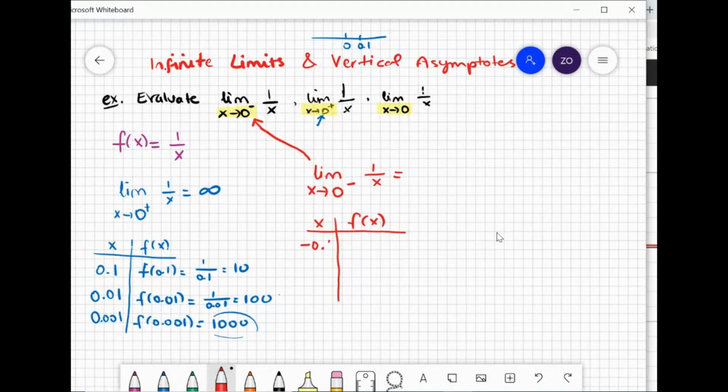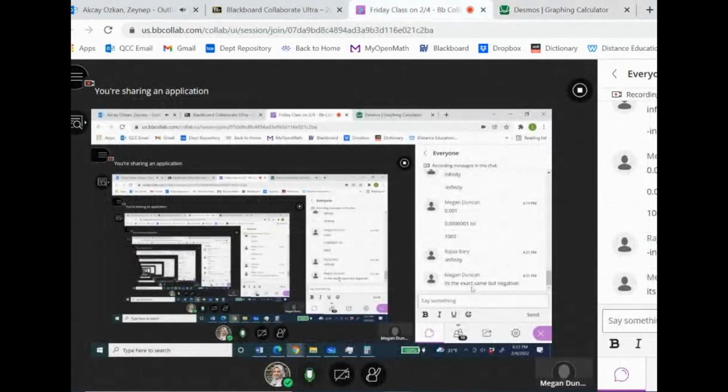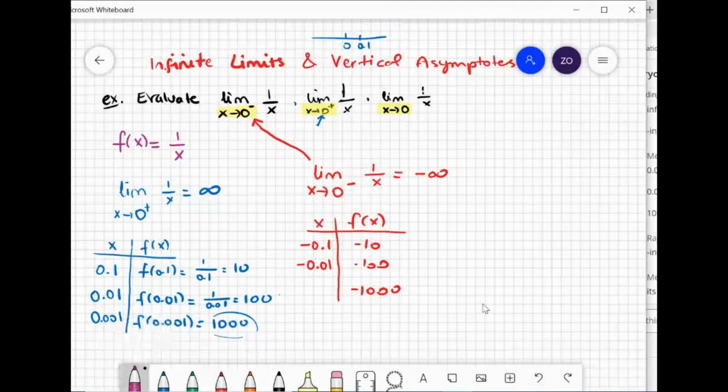Again, you would just choose negative 0.1, negative 0.01, and so on. It is exactly the same but negative. So you would find negative 10, negative 100, negative 1000, and so on. So you would say that this limit is negative infinity.